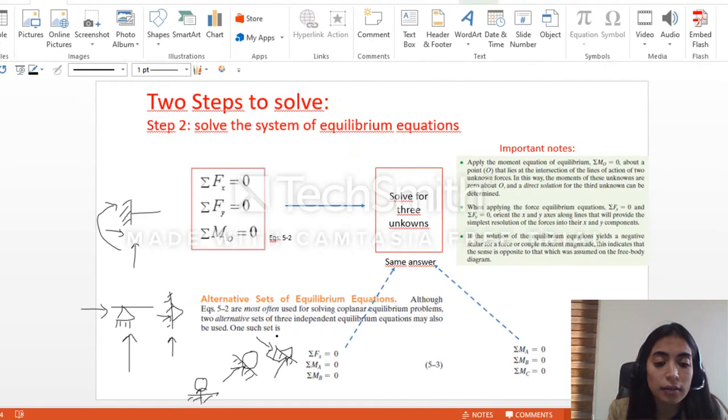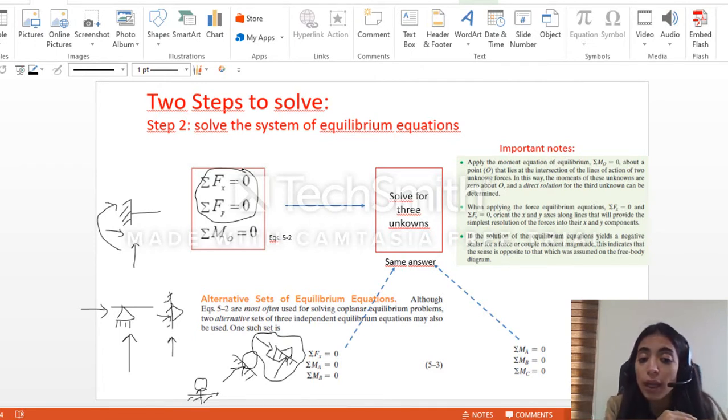Now in this case, guys, when you want to apply the sum of Fx and the sum of Fy equal to 0, you can take another direction of your axes as long as they are perpendicular. So it is not mandatory, guys, to take x horizontal and y vertical.